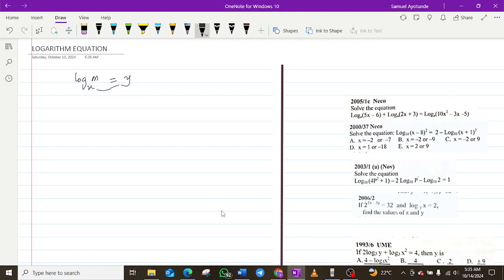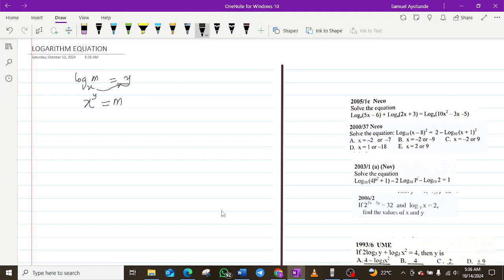This is the exponent. I think I've explained that. So the base carries the exponent, then it will be equal to the argument. Base to the power of exponent equals argument.